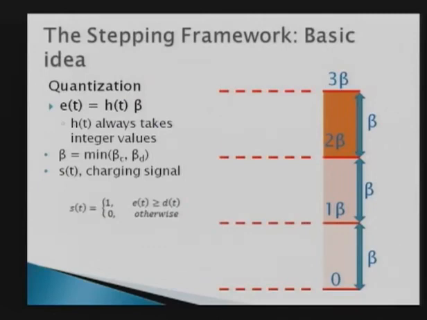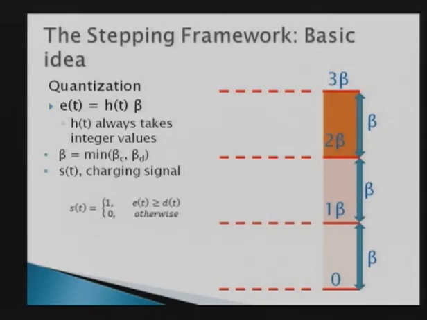The idea of the stepping method is that we want quantization. That means we want the external load to be some integer multiple of beta. Beta here can be some arbitrary number. We just want to map the demand load to a certain number of constant values.